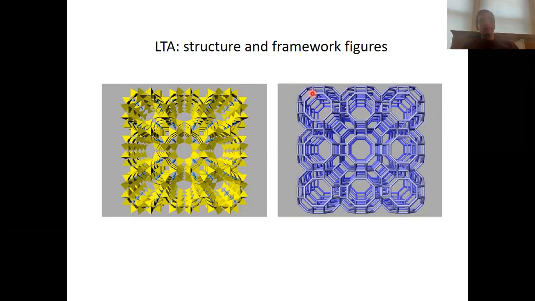You can also show the entire tetrahedra if you want to, and this is shown here. This gives you a fuller, more comprehensive picture, but that goes to some extent at the expense of clarity.